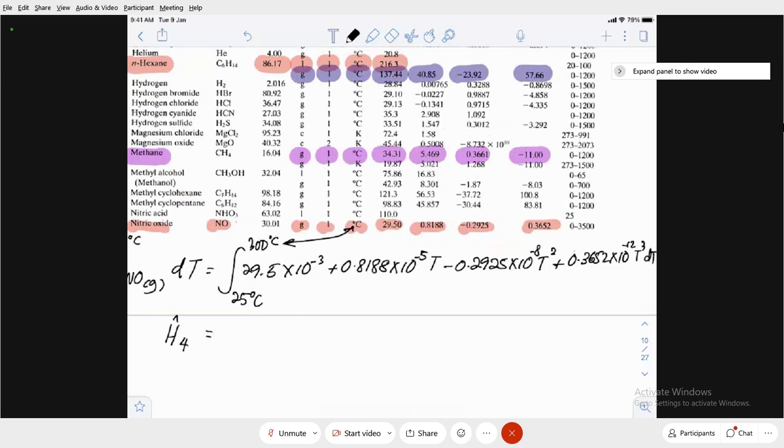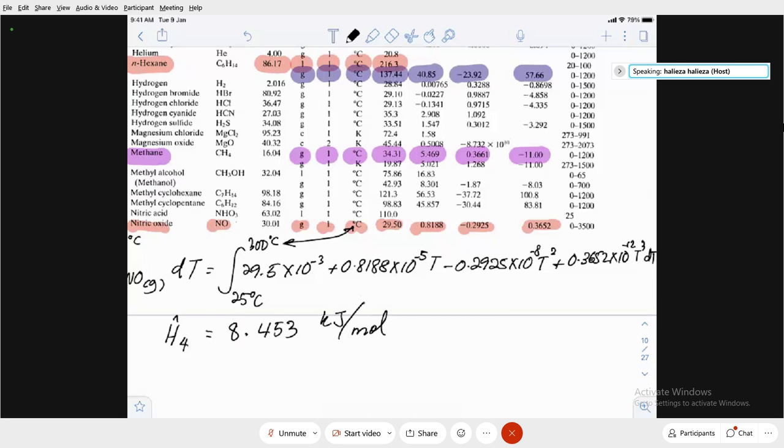That minus 0.2925 power negative 8 alpha square plus 0.3652 to the power negative 12 alpha x to the power of 3, comma 25 comma 300. Do you get the same as me? You get the same value? Anybody? Yes, doctor. Thank you. 8.453.